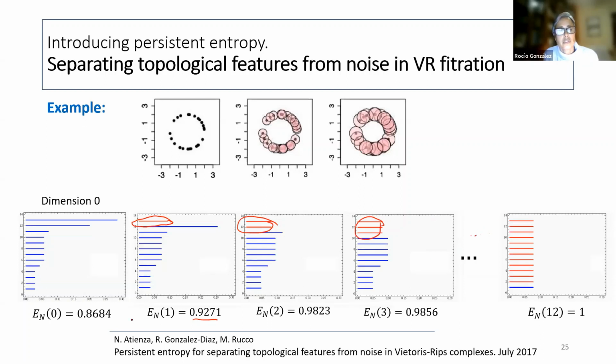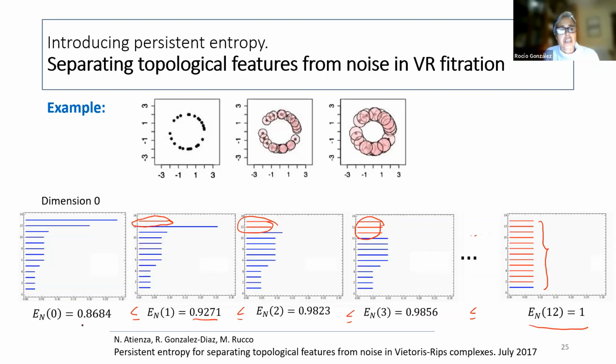Because we always try to reach the highest possible entropy, this is an increasing sequence. And at the end, I will always have 1, because at the end, I have all the lengths of the bars at the same value.